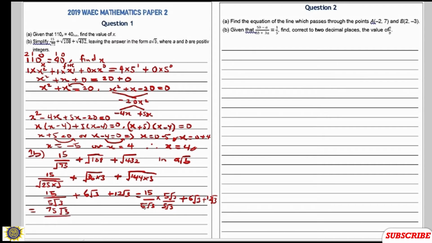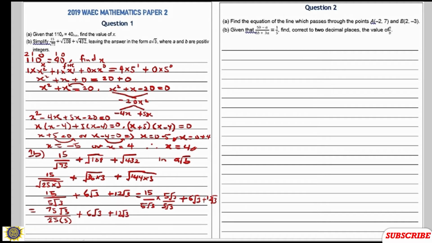On the denominator we have 5 times 5, which is 25, and root 3 times root 3 gives 3. Whenever you have root times root, it cancels out. So 25 in bracket 3. Plus 6 root 3 plus 12 root 3.